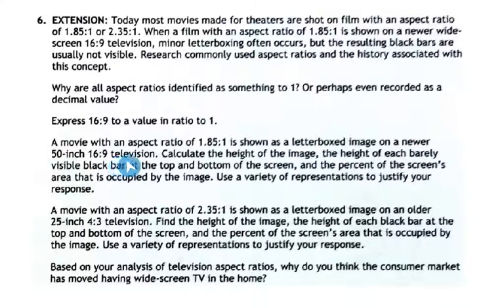Here, a 50-inch 16 by 9 television with an aspect ratio image of 1.85 to 1. And then the second one we'll do is an aspect ratio image of 2.35 to 1 on an older full screen 4 by 3 television, where the screen is 25 inches. Find the height of each black bar on the top and the bottom of the screen.